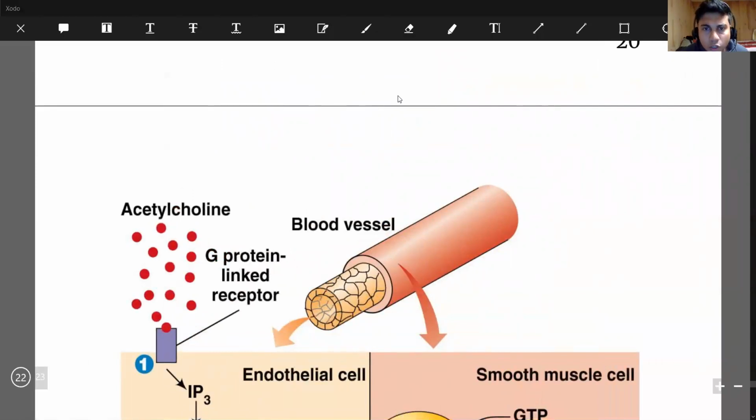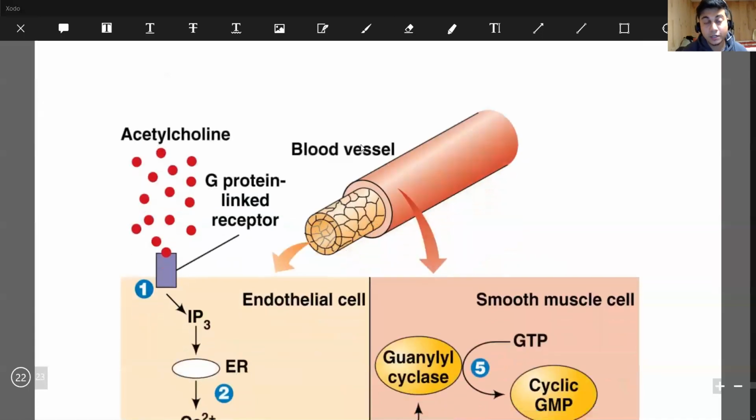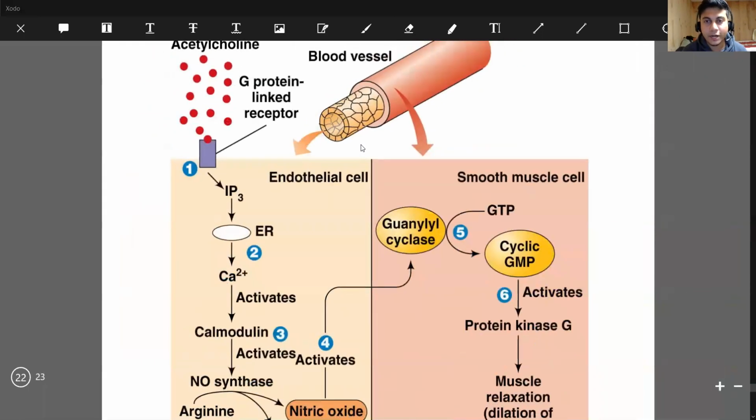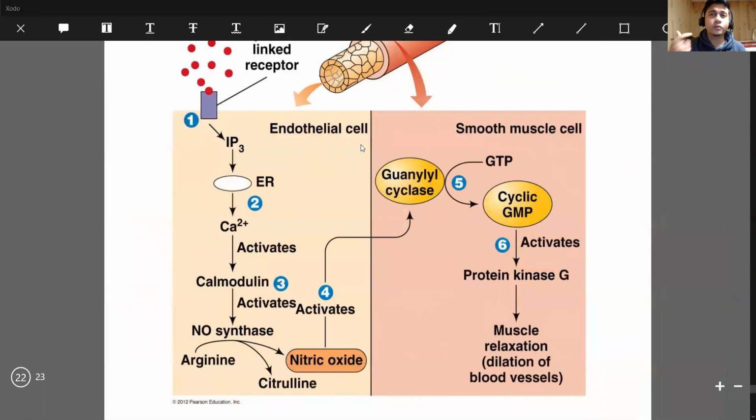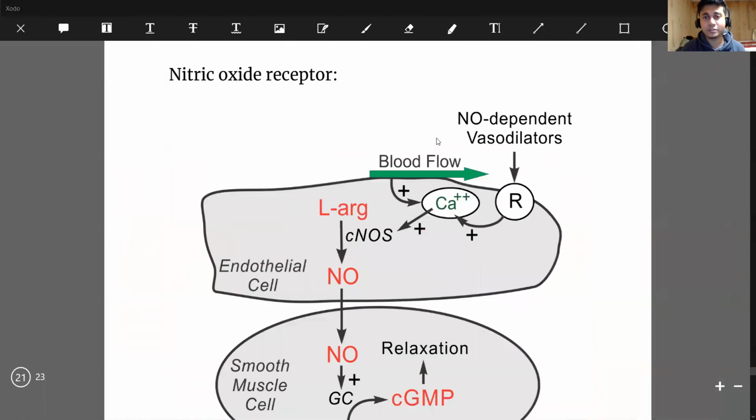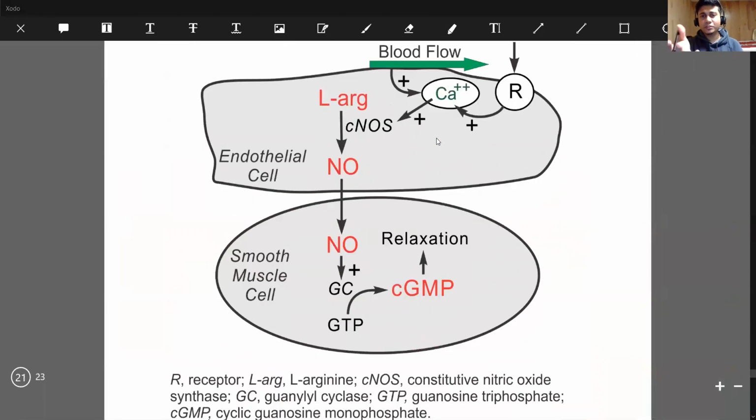Okay, got it. The question is whether nitric oxide receptors are Gq or Gs coupled receptors. That's a very important thing, how nitric oxide works. Nitric oxide is a gas, right?